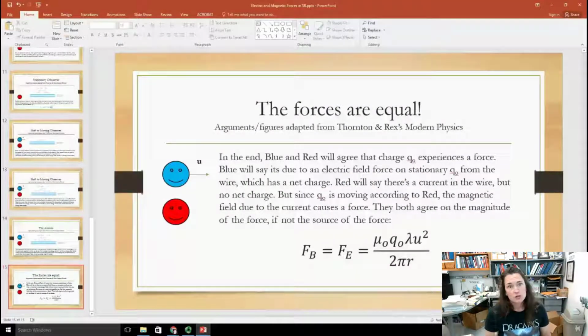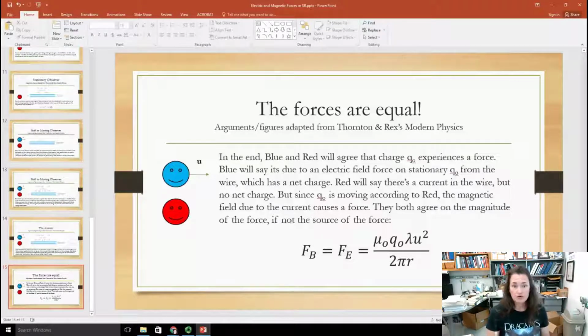In the end, blue and red are going to agree that that charge Q naught, that little test charge, experiences a force upwards. Blue will say it's due to an electric field force on that stationary charge Q naught from the wire, and that that wire has a net charge. They'll both say there's a current in the wire, and they'll agree on the direction of current.